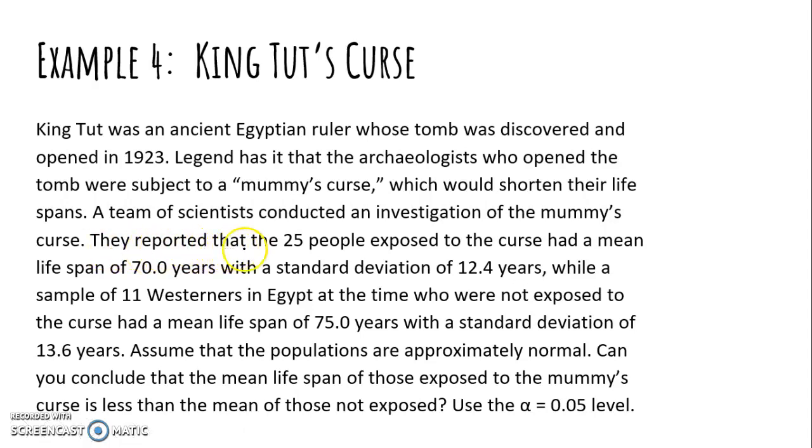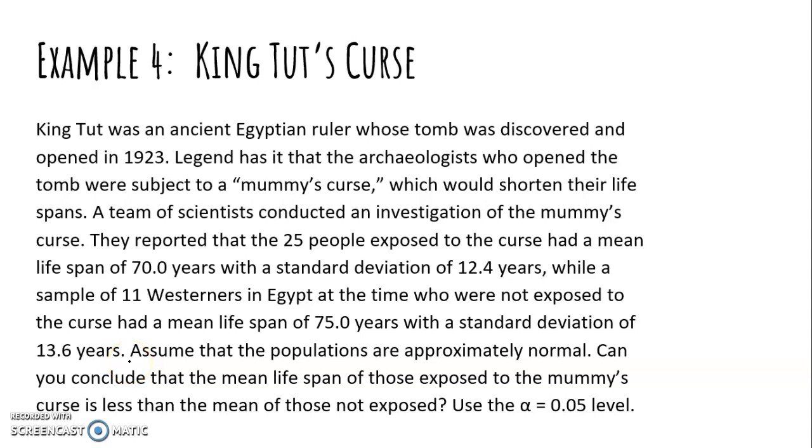They reported that the 25 people exposed to the curse had a mean lifespan of 70 years with a standard deviation of 12.4 years, while a sample of 11 Westerners in Egypt at the time who were not exposed to the curse had a mean lifespan of 75 years with a standard deviation of 13.6 years.